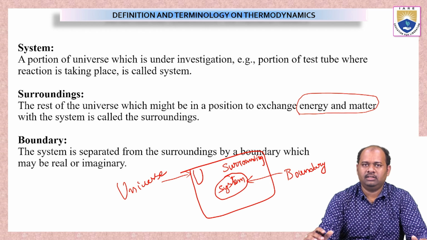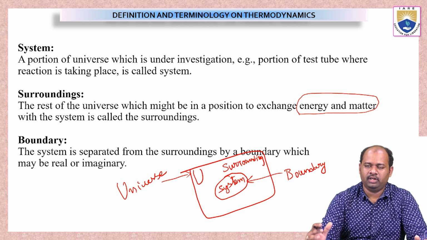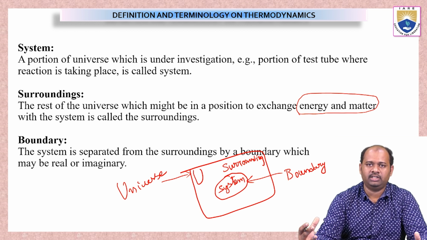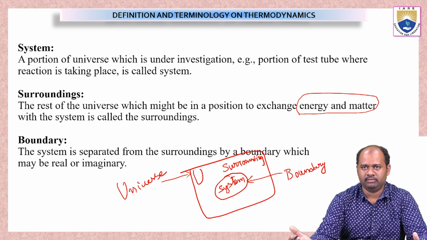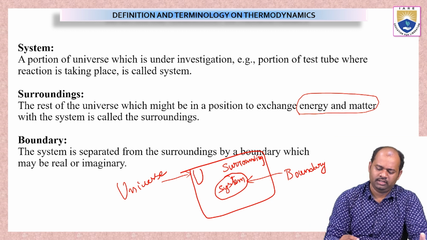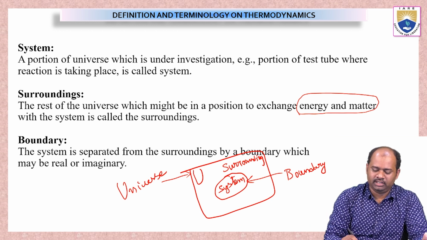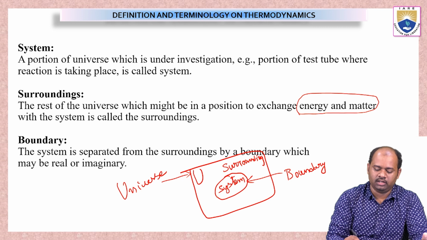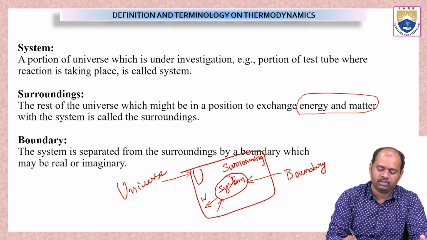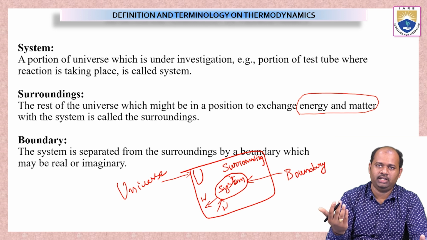The surroundings in the universe have the capability of exchanging energy and matter with the system. So simply we can say, if the system is generating some work, this work can be taken out by the surroundings, or some work can be done by the surroundings on the system. Work can be given out of the system or it can be taken into the system.